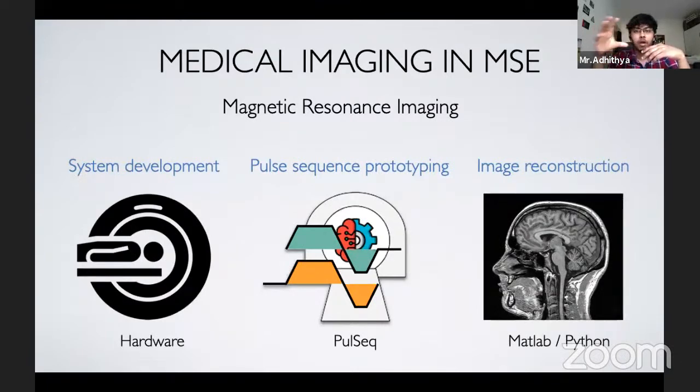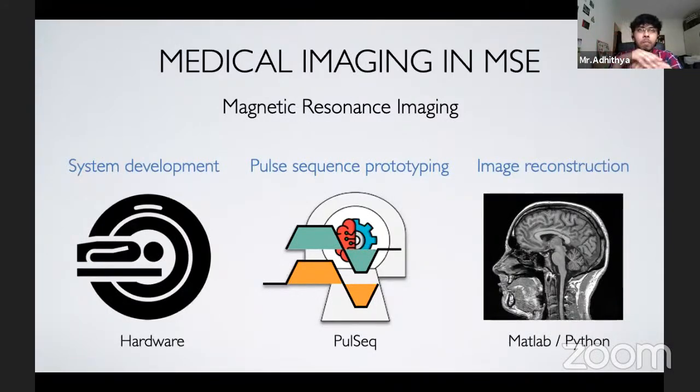And MRI as a modality is very good for imaging soft tissues, because soft tissues range from different sensitivities, and each tissue has its own property or own physics. When we are able to notice the T1 and T2 of each tissue, then we are able to differentiate each tissue based on this contrast, because they have different relaxation times.